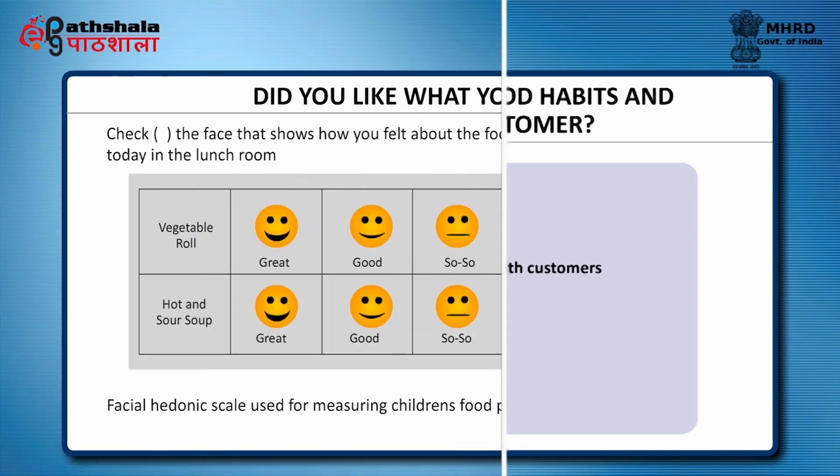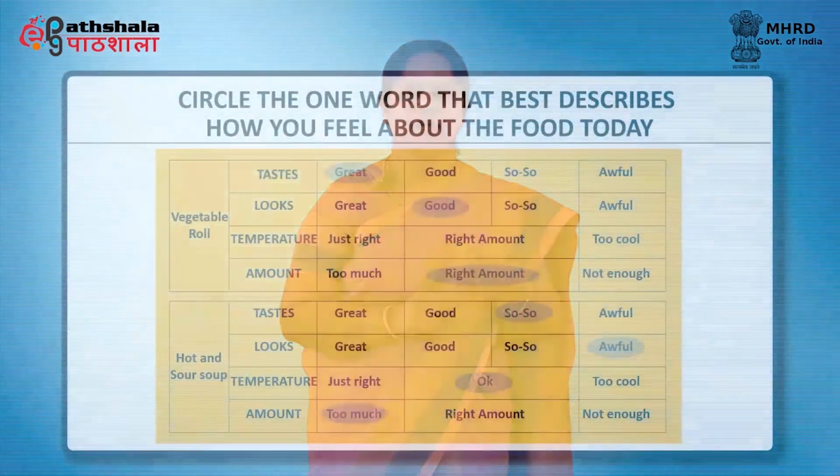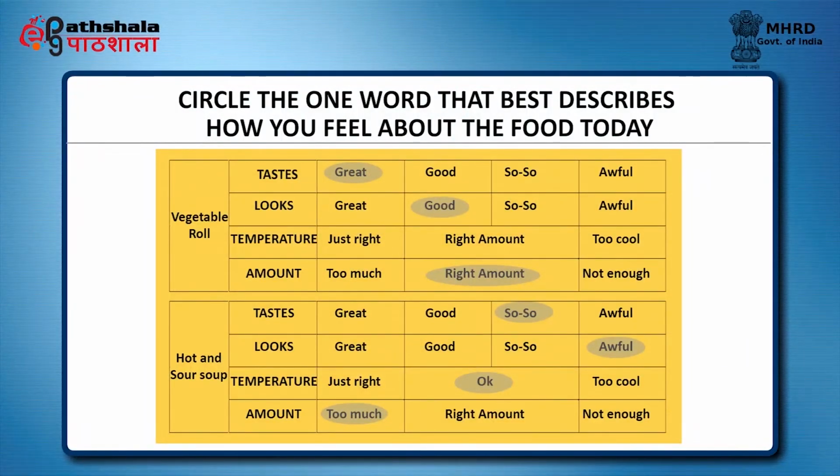As you see here in this pictorial chart, the expression of the smiley selected by a child can give information on the child's preference towards the menu. This is a facial hedonic scale used to measure children's food preferences. The other chart gives an idea how food preferences can be evaluated by sensory evaluation.